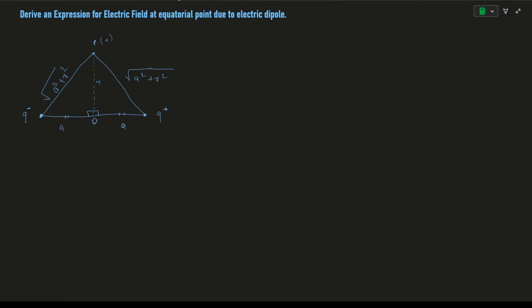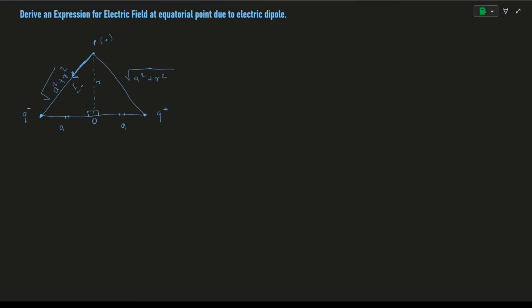Now what we will do here is, this is the negative q charge, and here is the positive q charge. So there is a positive charge and a negative charge, so there will be a force of attraction here, and the force of attraction will be in this direction. Okay, and the electric field due to this negative charge is this.